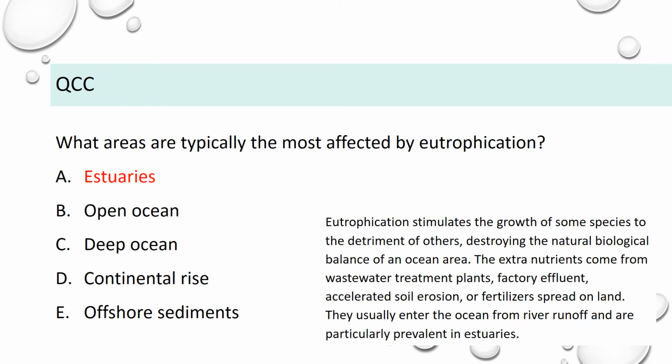Eutrophication stimulates the growth of some species to the detriment of others, destroying the natural biological balance of an ocean area. The extra nutrients come from wastewater treatment plants, factory effluent, accelerated soil erosion, or fertilizers spread on land. They usually enter the ocean from river runoff and are particularly prevalent in estuaries. So this concludes our topic.